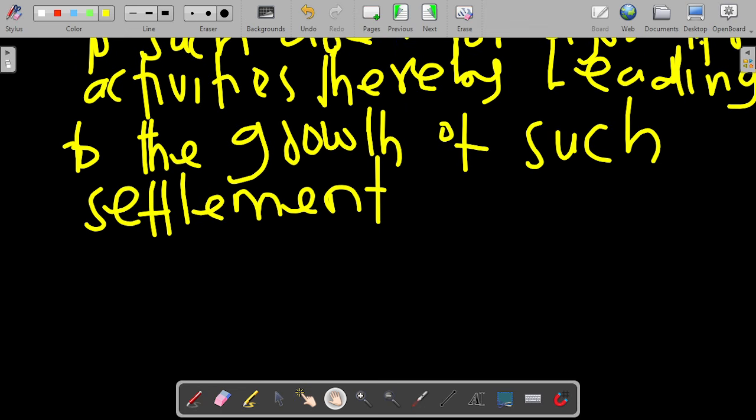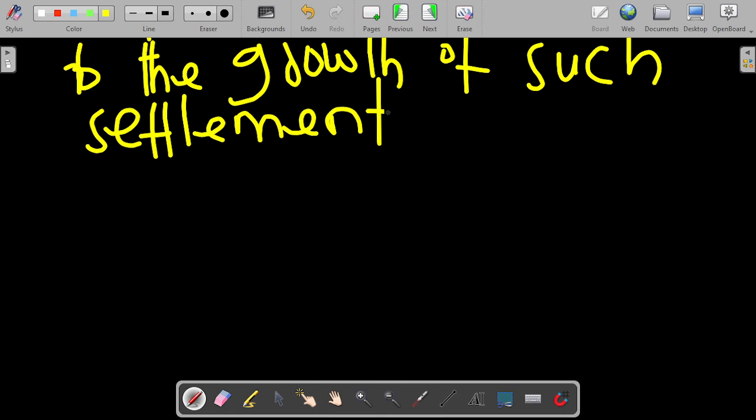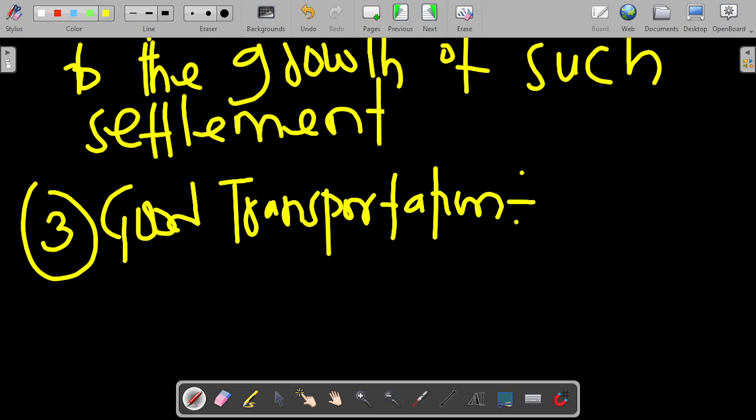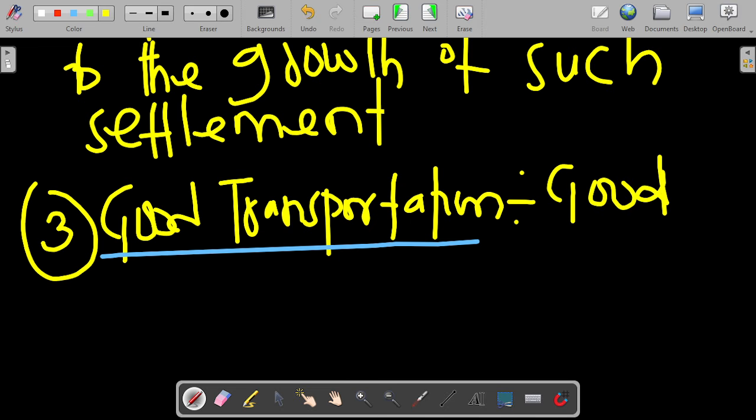Then move to number 3, good transportation. Good transportation is another factor. So good road network.